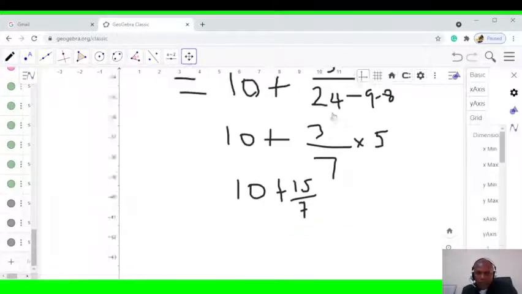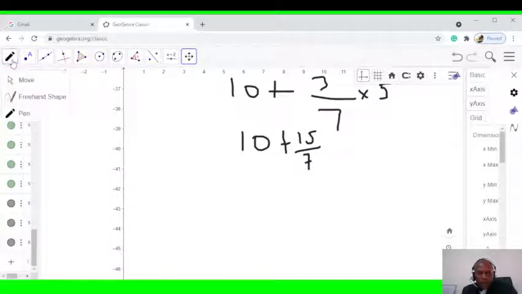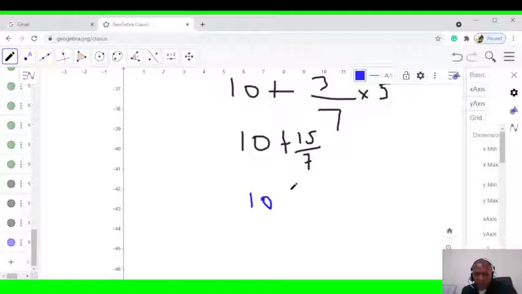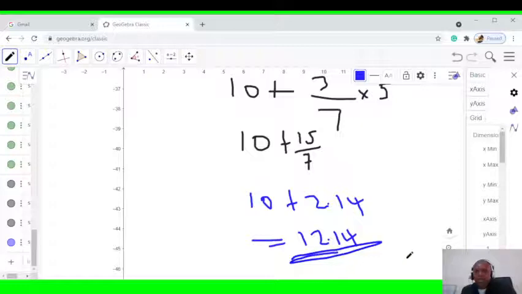So this is the same as 10 plus 2.14, and this will be the same as 12.14. That becomes your answer.